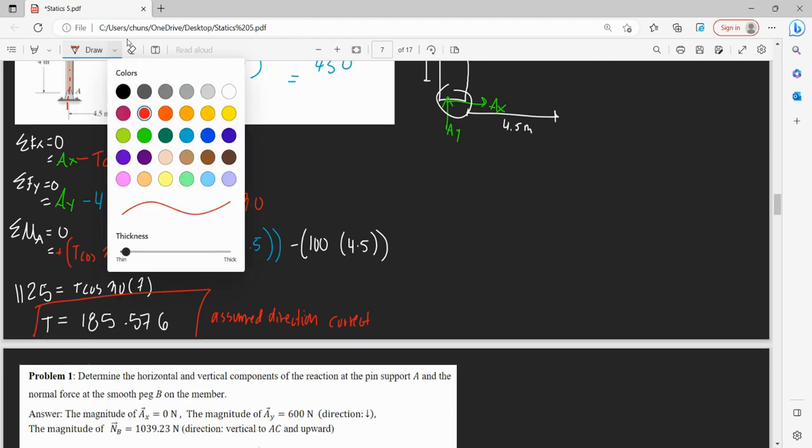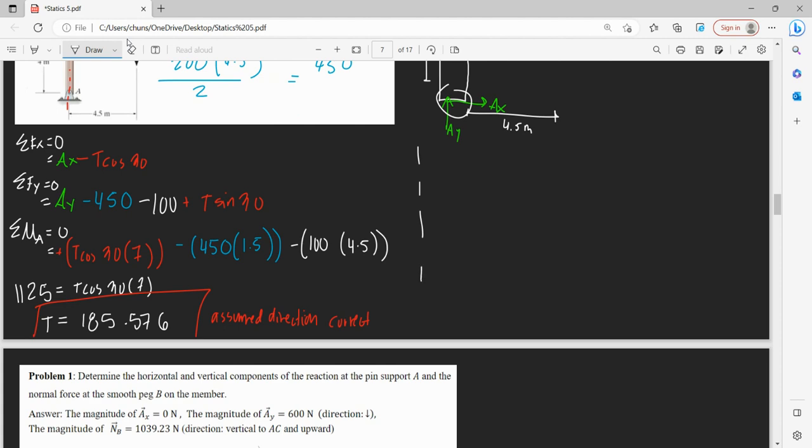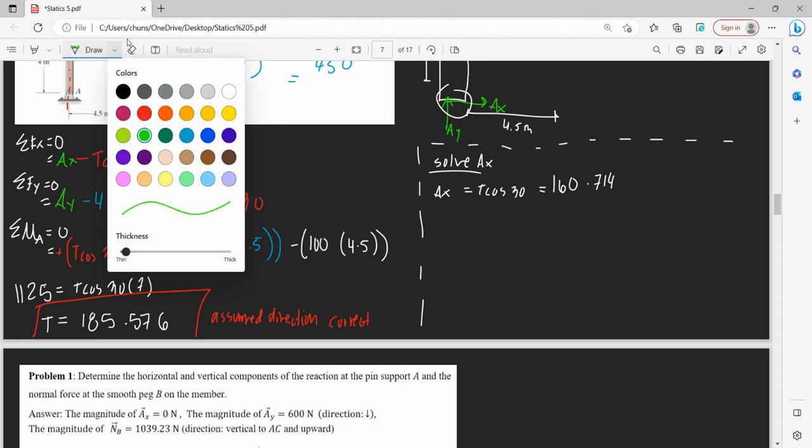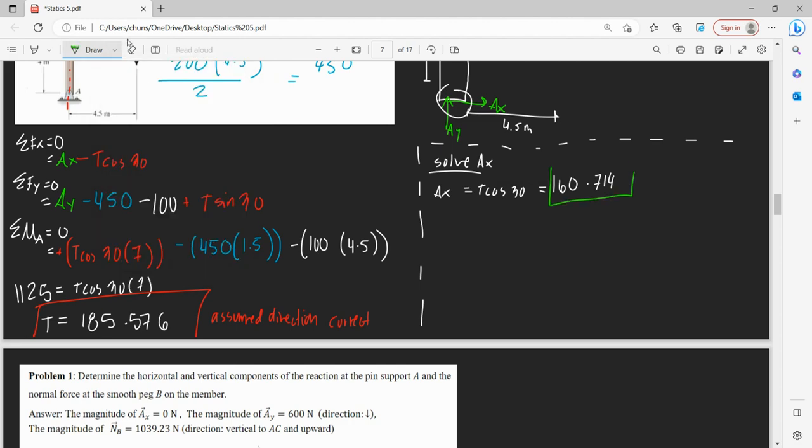Okay, so now if we use this to solve our AX, so AX is equal to T cos 30, which is equal to 160. It's also a positive quantity, so our direction for AX is correct.